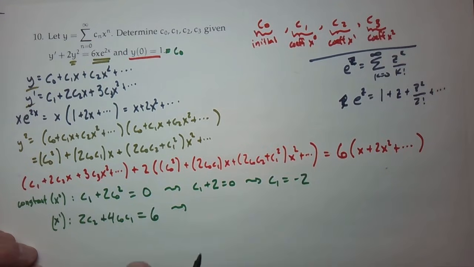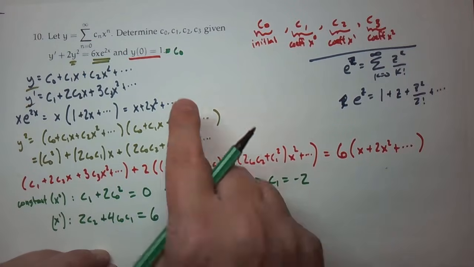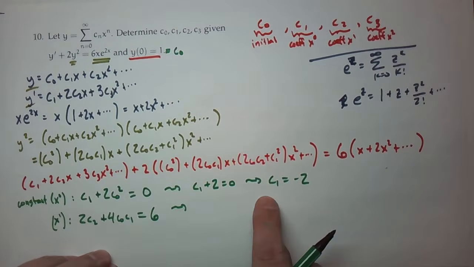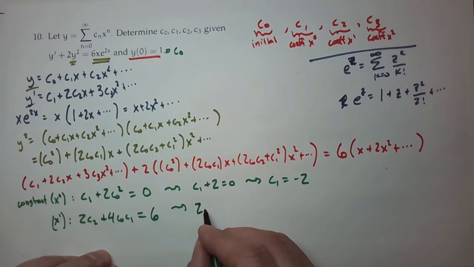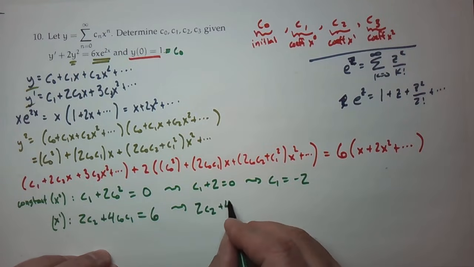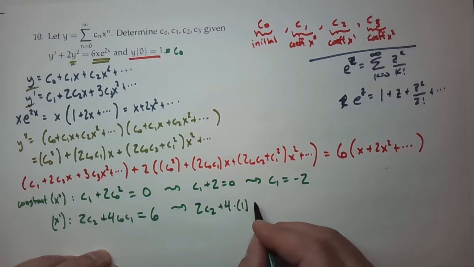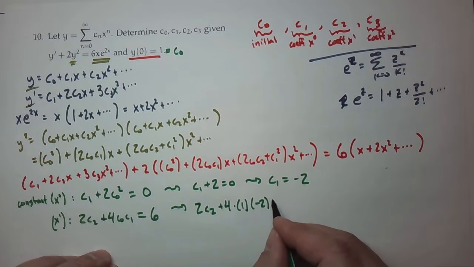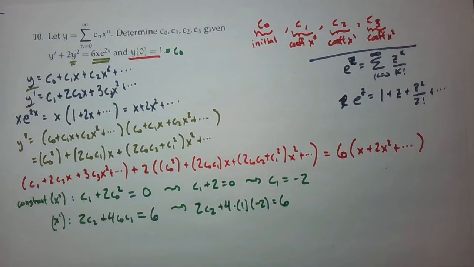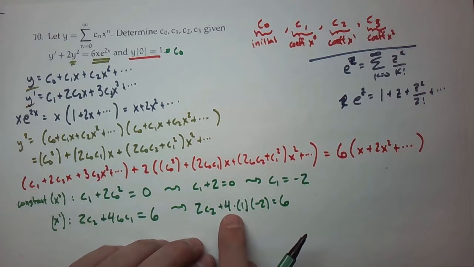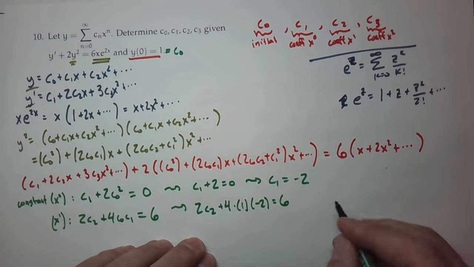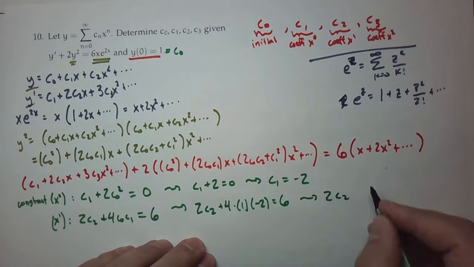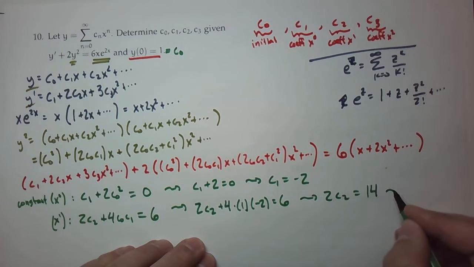But the point is, we found the lower terms, c0 and c1. So we know that c0 is 1, c1 is negative 2. So this tells us 2c2 plus 4 times 1 times negative 2 is equal to 6. Well, that's minus 8. Add 8 to both sides. 2c2 is 14. So c2 is 7.